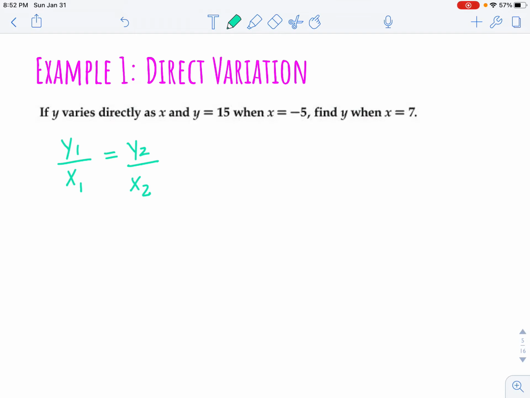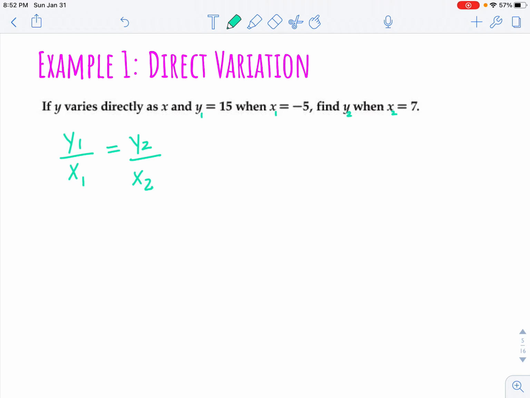It doesn't matter what we choose as our x1 or x2, we just need to keep them consistent. So this will be our y1, x1, y2, x2. So y1 would be 15, x1 would be -5, which is equal to y2, which we don't know, over 7.